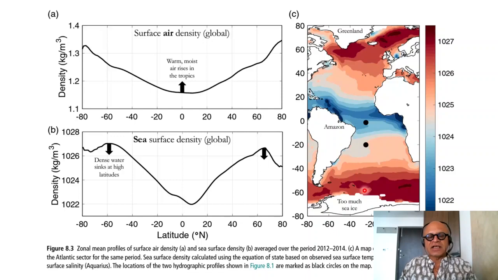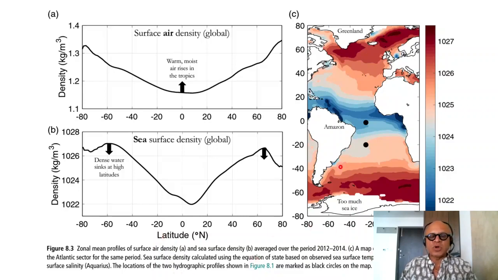Sea surface density is calculated using the equation of state, which is a fifth order polynomial of temperature and salinity, based on observational sea surface temperatures and sea surface salinity from Aquarius and some other data set for temperature.